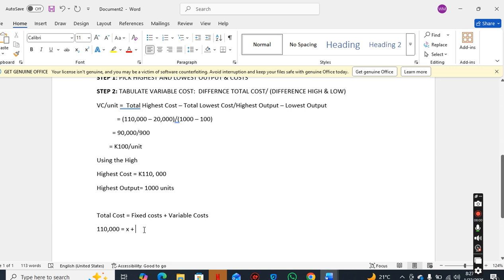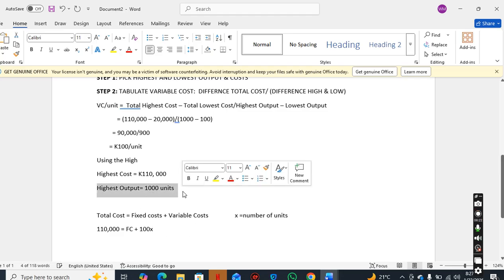Fixed cost plus 100 kwacha per unit. X represents the number of units. Where there's X, we're using our highest output of 1,000 units.